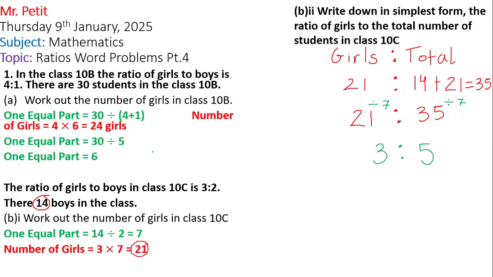You divide by 7, it's 3 to 5. You come in the class for one day, but I have 3 to 5 in my book. I don't know what happened. Mr. Petit, you could show me up too. All right, take a picture of this and send it to me via WhatsApp.